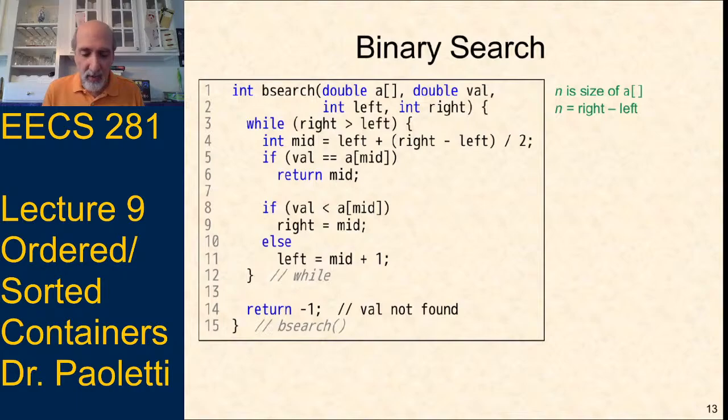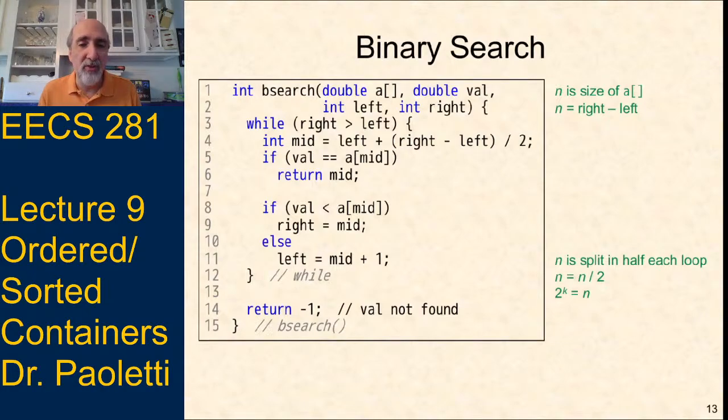Okay, so when we talk about n, when we talk about complexity, we're going to say n is the size of the region, which would be the original right minus left. n gets split in half each loop. Remember, either the left moves up to just past the middle, or the right moves down to be the middle. n gets split in half each time.